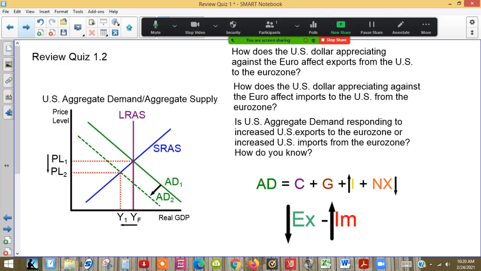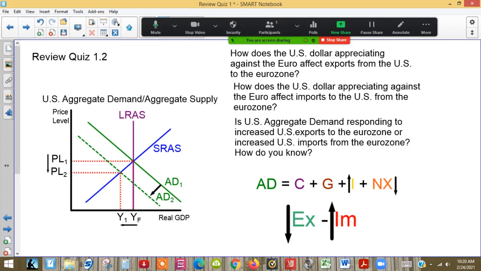If we're asking the question, how does the dollar gaining value against the euro affect exports from the U.S. to the Eurozone?